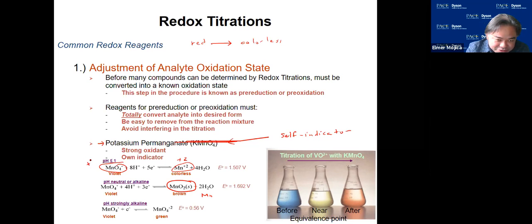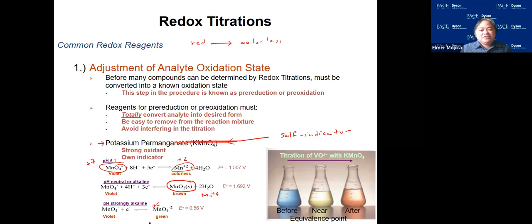This is, if I'm not mistaken, +7. So the Mn in MnO2 is plus what? If you recall your Gen Chem, this is Mn +4. And this one is Mn +6.